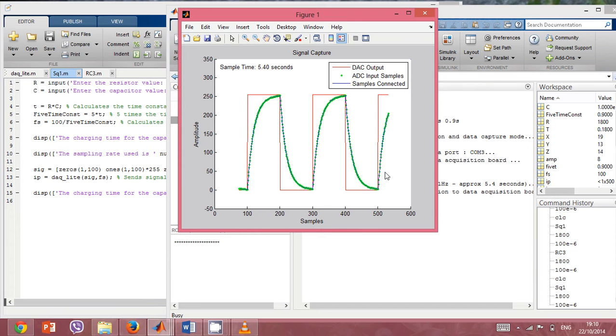As you can see from the graph, the capacitor is charging and discharging at 100 samples.